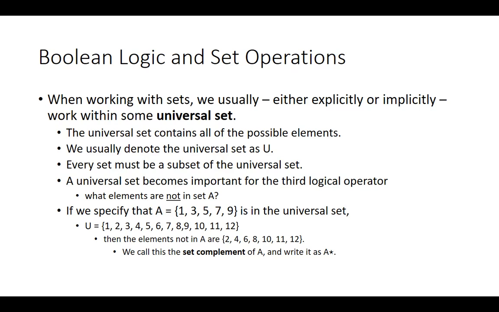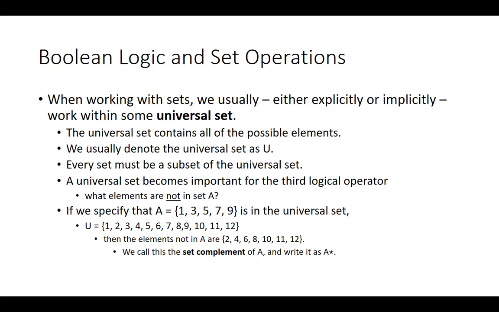So if we specify that set A, 1, 3, 5, 7, 9, is in the universal set U, being 1, 2, 3, 4, 5, 6, 7, 8, 9, 10, 11, 12, then the elements not in A would be 2, 4, 6, 8, 10, 11, 12.